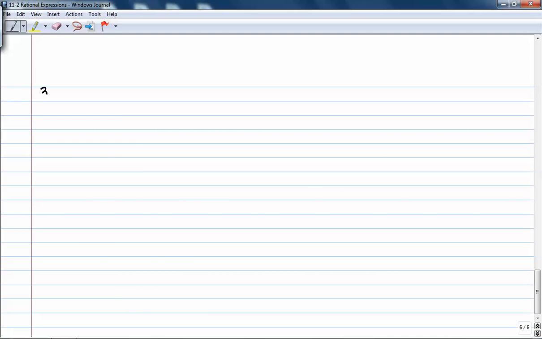Let's take a look at another example. x squared minus 2x minus 35 divided by x squared minus 9x plus 14. Now the temptation here is to cancel the x squareds, because you have an x squared on the top and an x squared on the bottom.